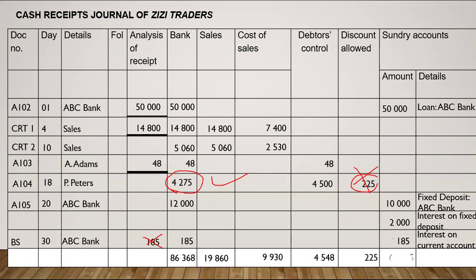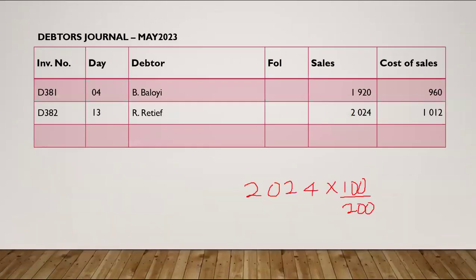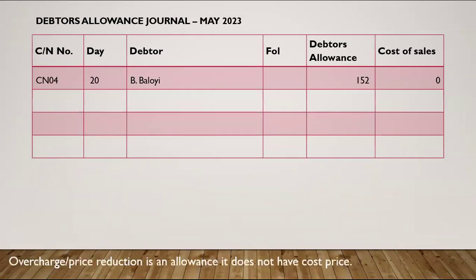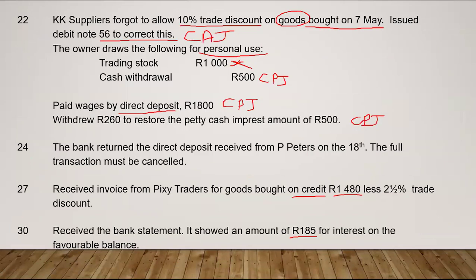And these are the totals that you will get for CRJ, for DJ. Sometimes they'll tell you not to calculate the totals in the test. Don't calculate them. Don't waste your time. All right. I think that is it. Did I miss something here?